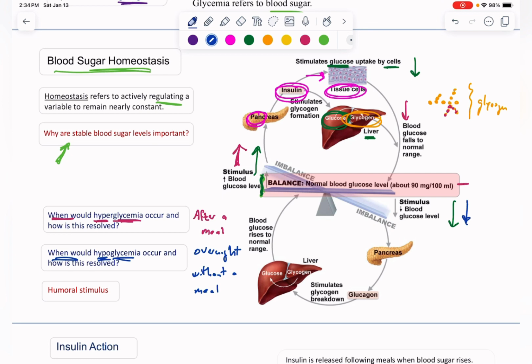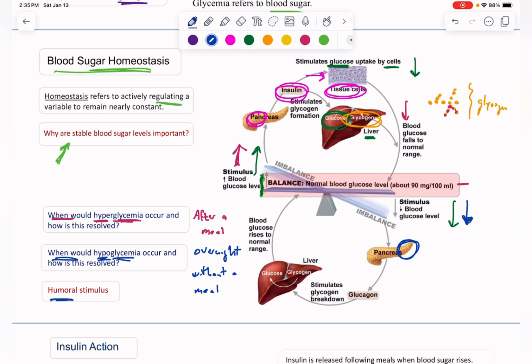So again, here we have blood sugar levels that are low. And again, these blood sugar levels are going to be detected by the pancreas itself. And by the way, when an endocrine gland releases hormones in response to nutrient levels or levels of a chemical in the blood, we call that a humoral stimulus.